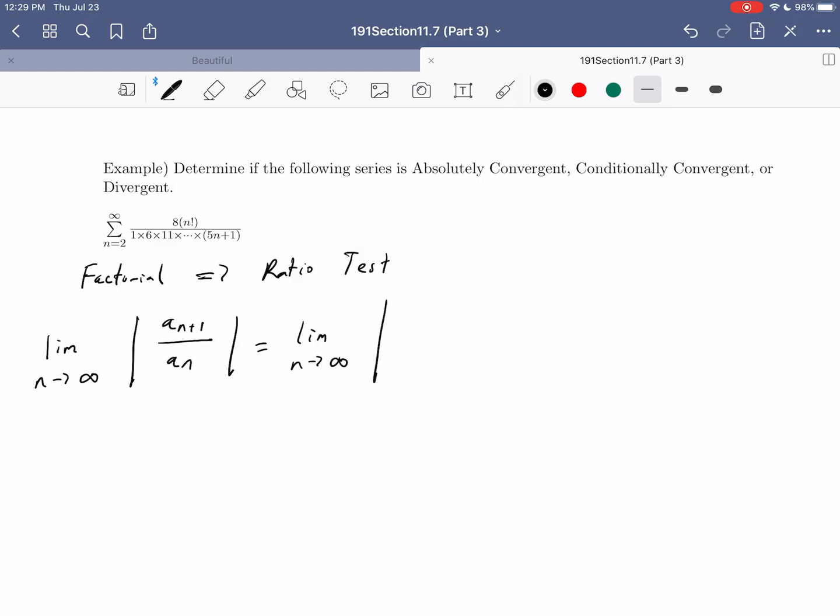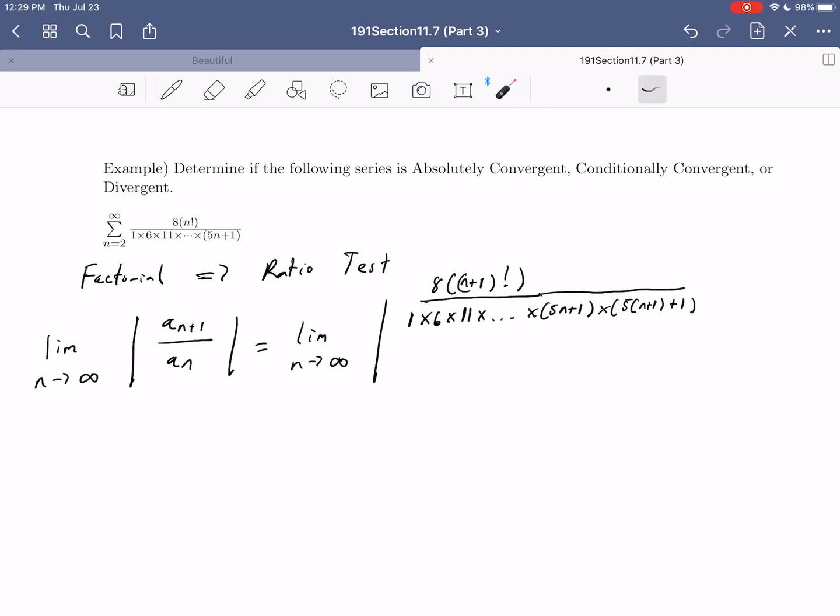That means we're going to have the limit as n goes to infinity. a sub n plus 1 is going to be 8, then times n plus 1 factorial, divided by 1 times 6 times 11 times ... times 5n plus 1, because remember it's a factorial, so it always has everything that was previously there, and then times 5 times n plus 1 plus 1.